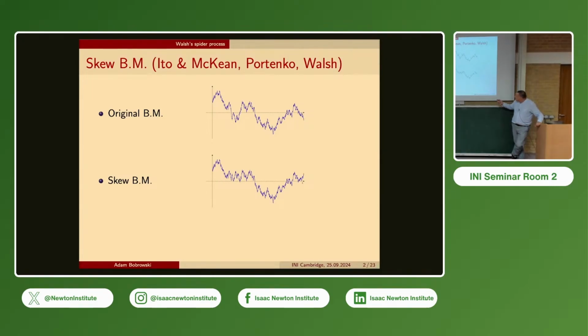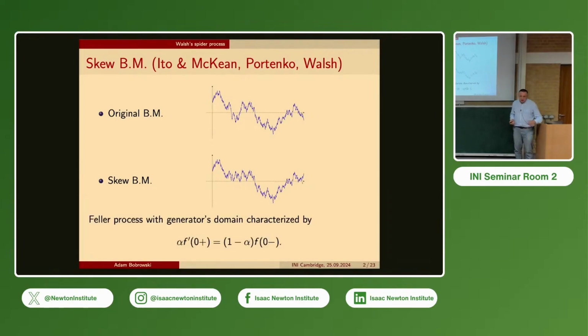So just some parts of the graph are flipped up, and some of them are flipped down, with probability alpha. And it turns out that this is still a Feller process, and its generator can be described by this boundary condition. This simply means that we still have a one-dimensional Laplace operator, but its domain is composed of functions that are twice continuously differentiable on both half-lines, but at 0 have different derivatives with such a relation.